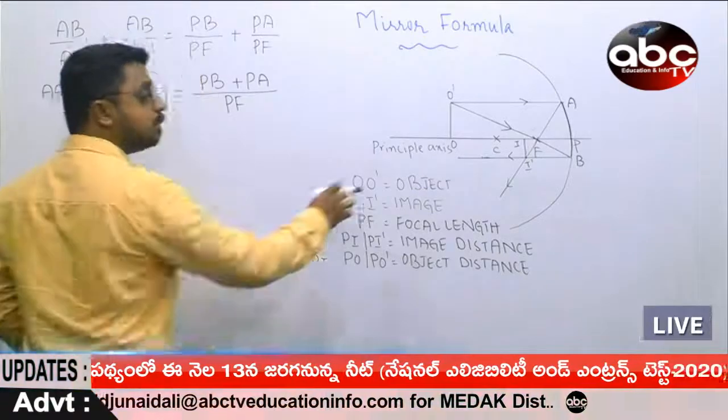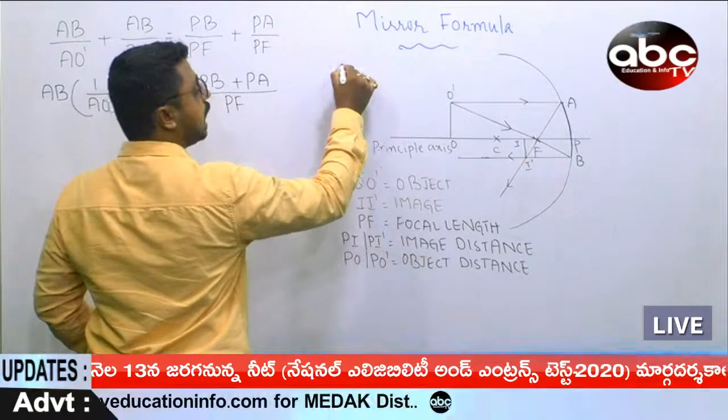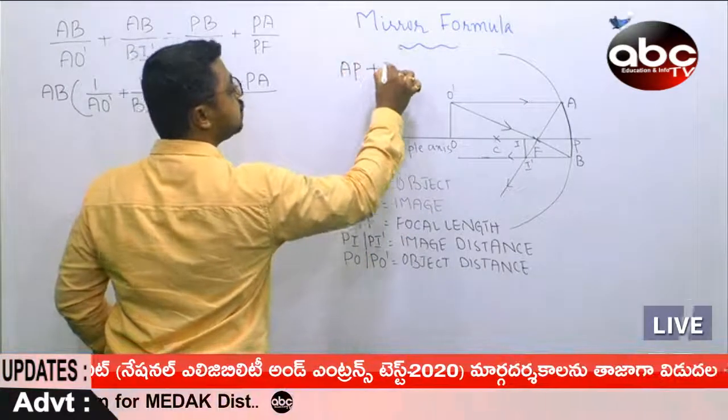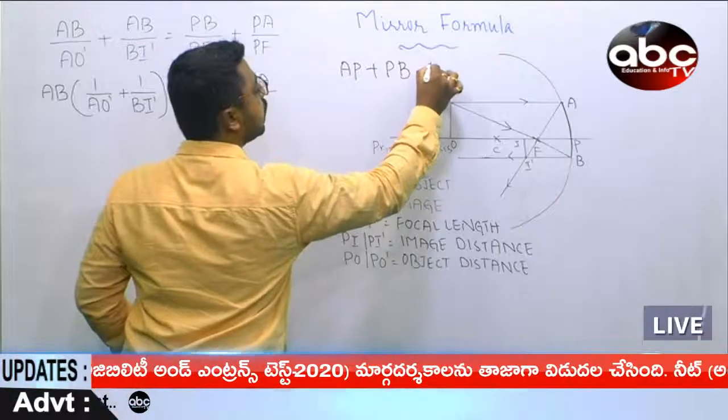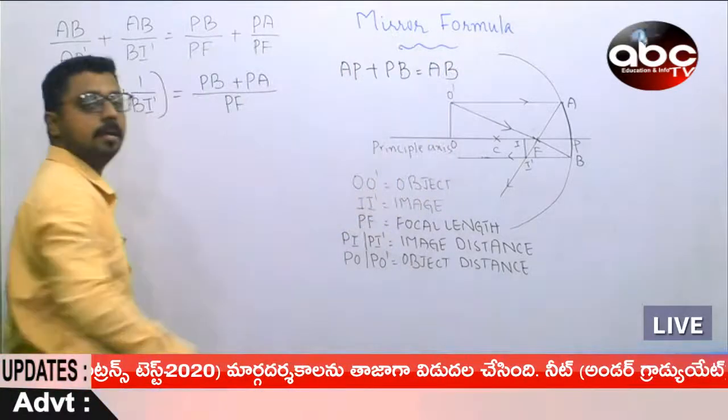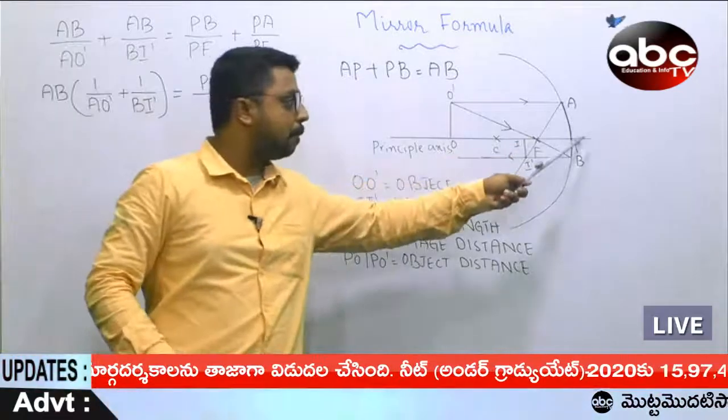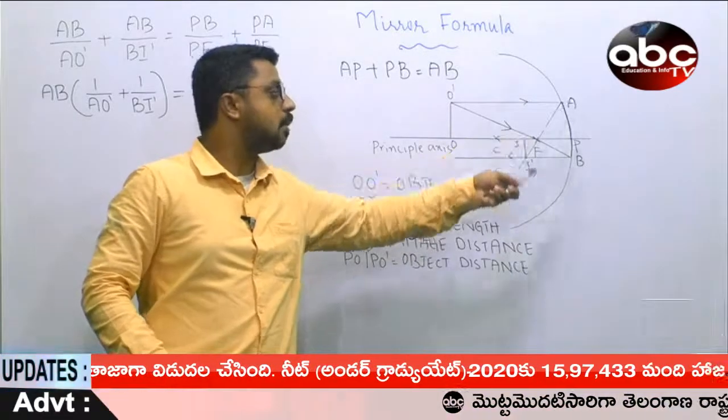So as per the diagram, AP plus PB is equal to AB.